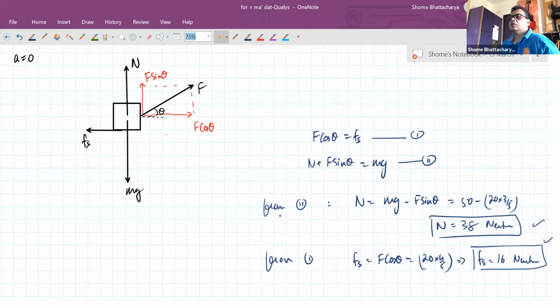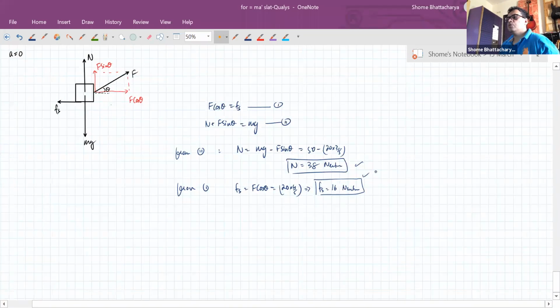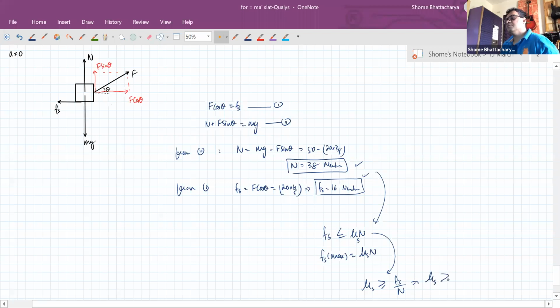Yes, sir. So from this now, see what information we have: static friction is less than or equal to mu times N in general. The maximum possible value of static friction is mu N. So if you reverse this relation, mu s is greater than or equal to whatever value of static friction is acting divided by normal reaction. So coefficient of static friction can be greater than, but also can be equal to this value 16 by 38.